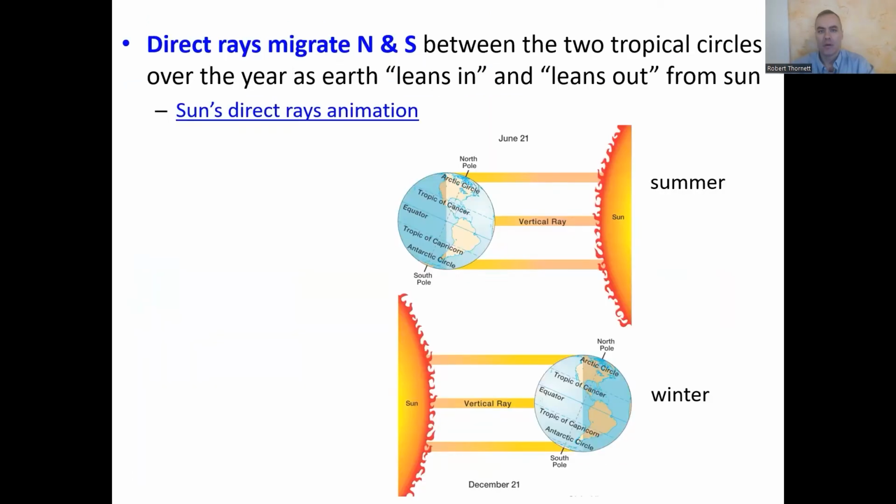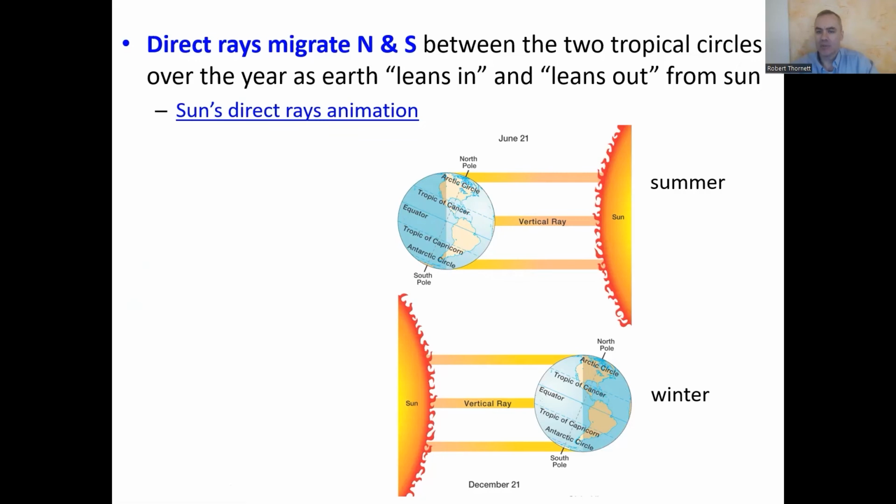So now that we've seen the seasons, the two solstices, the two equinoxes, the first day of summer and winter, and the first day of spring and fall, let's take a look at what the sun's rays are doing from space. So here's the sun, and here's our vertical rays or direct rays, and the point underneath is called the subsolar point.